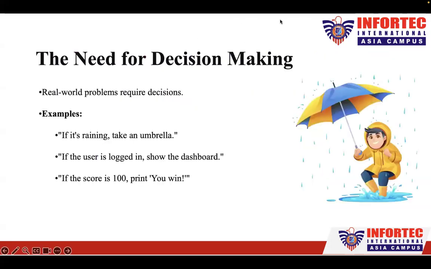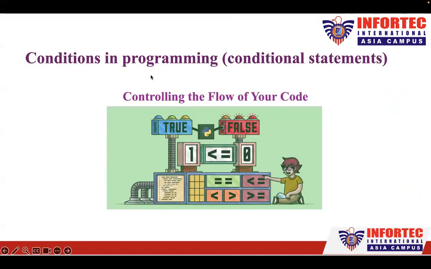So let's assume these are the lines of the code. 1, 2, 3, 4, 5, 6, 7.